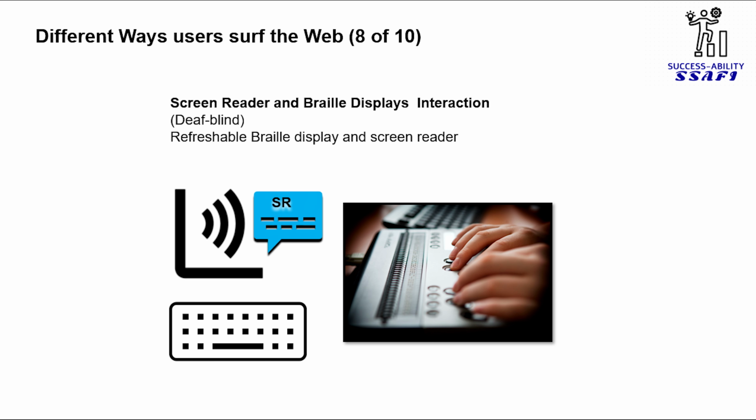These devices typically connect to a computer, tablet, or smartphone via USB or Bluetooth and work along with screen readers like NVDA, JAWS, and TalkBack, as we talked about. The tactile interaction via raised Braille dots that represent on-screen text often gets refreshed as users move through the content.